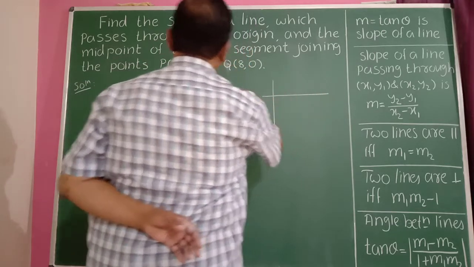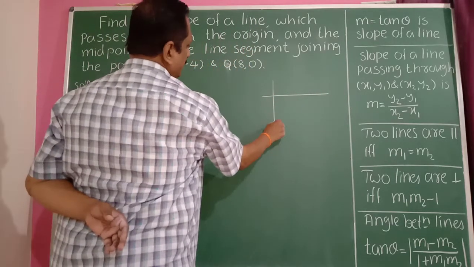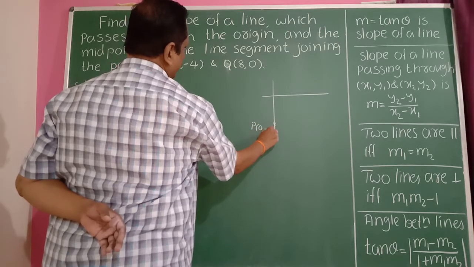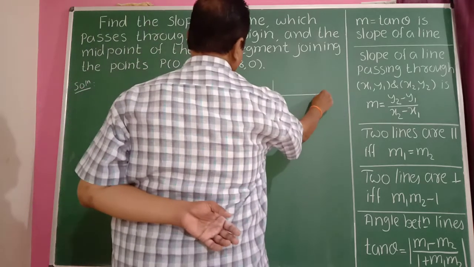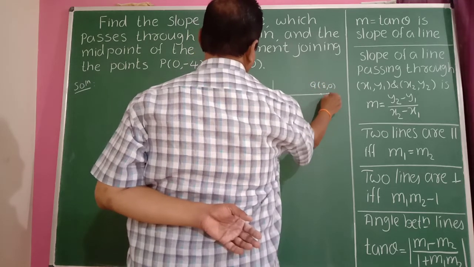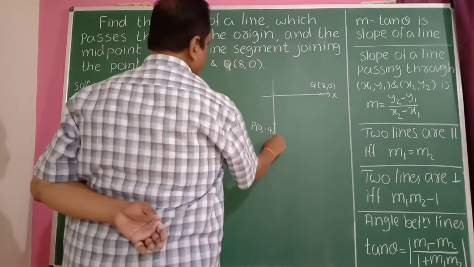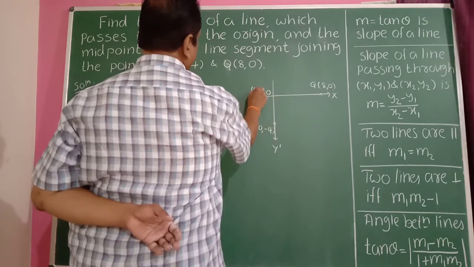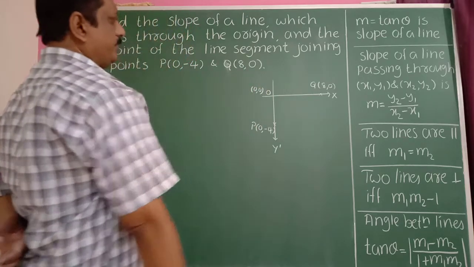Here one point lies on the y-axis, P 0 minus 4. The other point lies on the x-axis, 8 comma 0. This is the x-axis and this is the y-axis here. This is the origin, so coordinate here 0 comma 0.